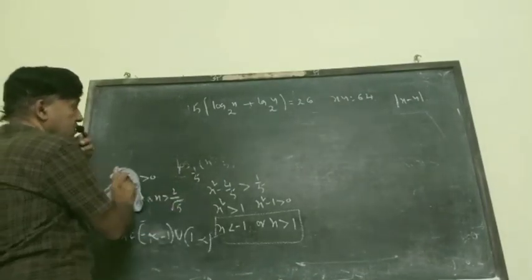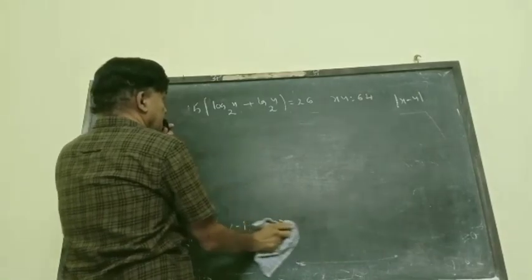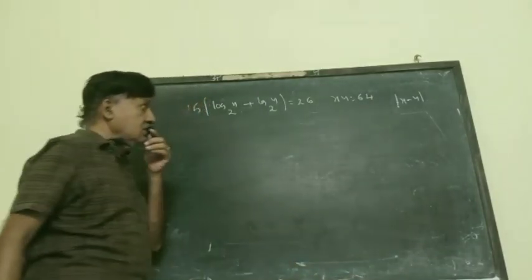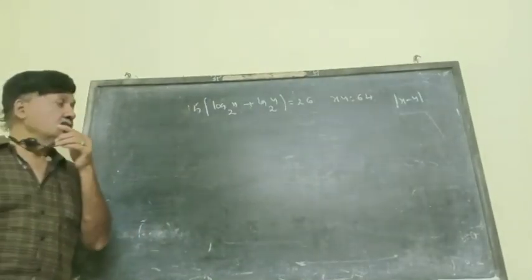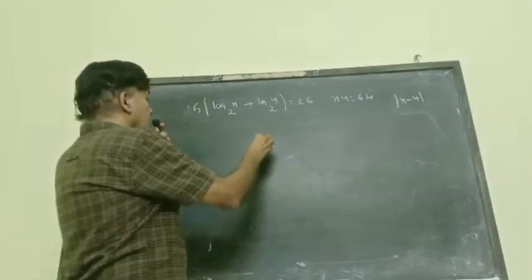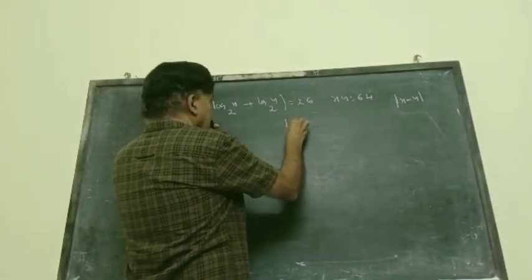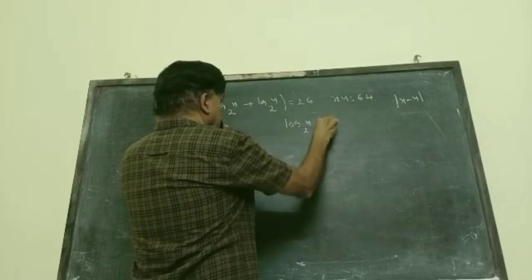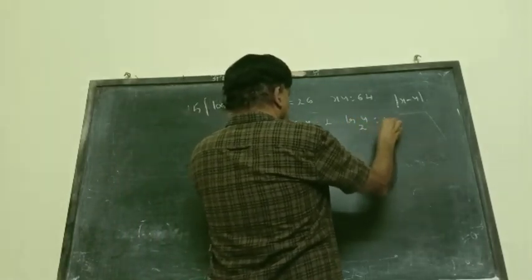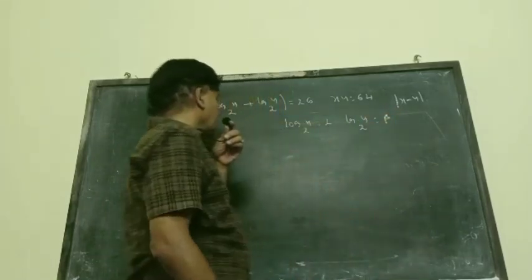5 into (log x to base 2 plus log y to base 2) is equal to 26. xy is equal to 64. What is mod of x minus y? You call log x to base 2 as alpha, and log y to base 2 as beta.